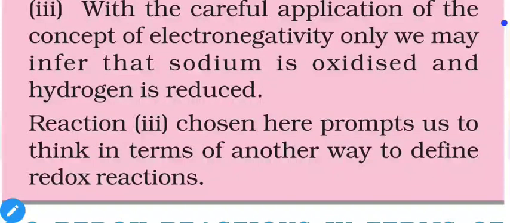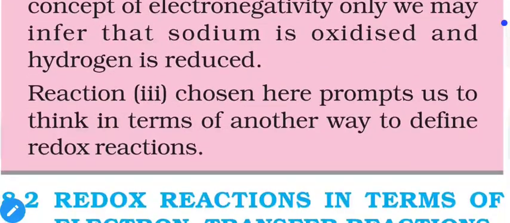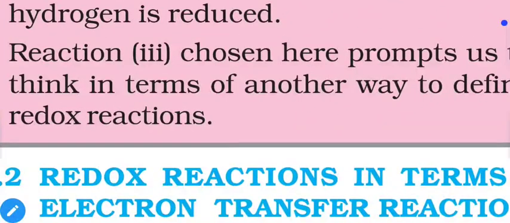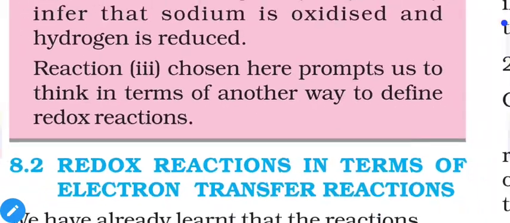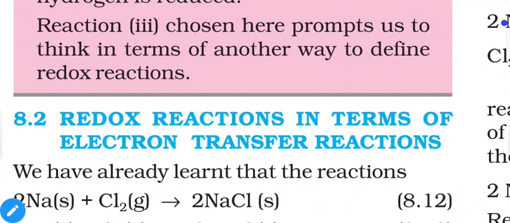So as mentioned, reaction 3 chosen here prompts us to think of another way to define redox reactions. So we have to derive a new definition for redox reactions. In the next lecture we will discuss redox reactions in terms of electron transfer.